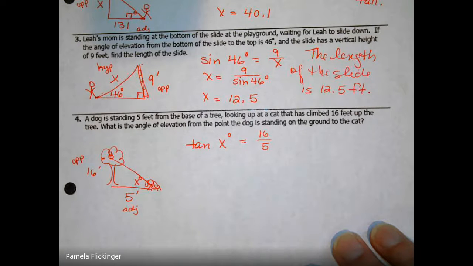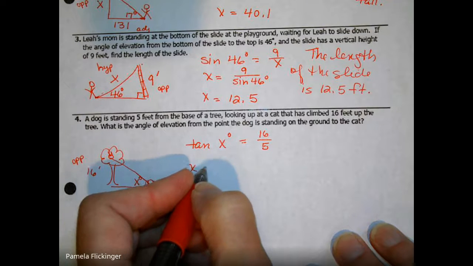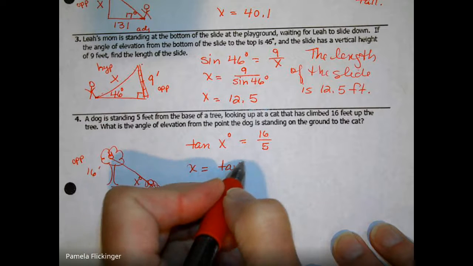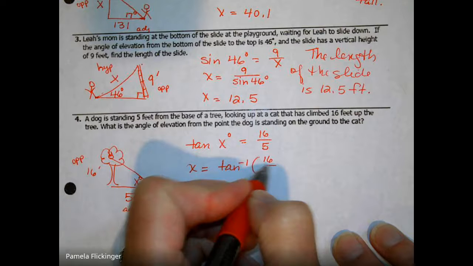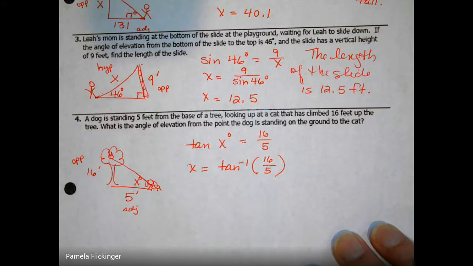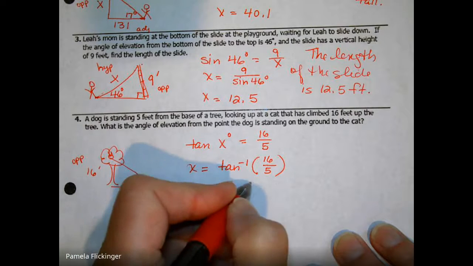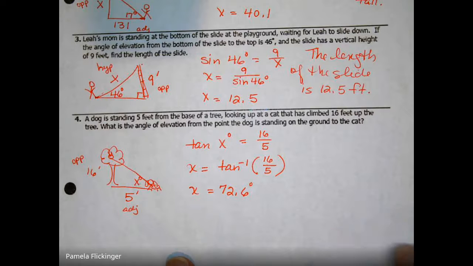Remember, this is the work you want to show. To solve for x, what you're going to type in the calculator is the inverse of the tangent, and then type in 16 over 5. When we type that in, we get 72.6, and that will be a degree.